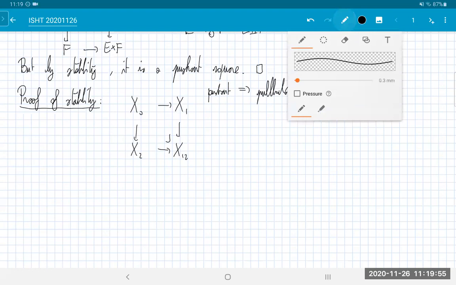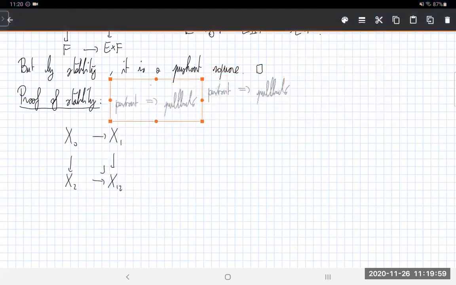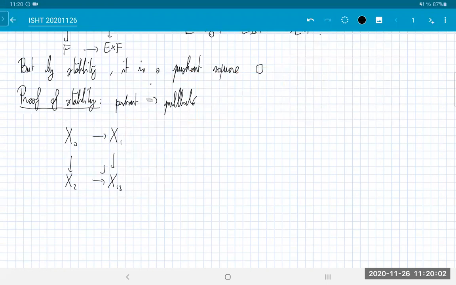And the other is exactly the same with the diagram written in the opposite direction. So okay, we enlarge this diagram. So we first add maps to 0.